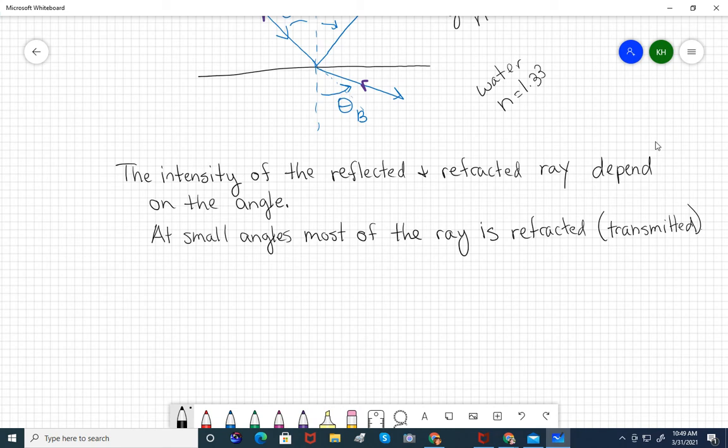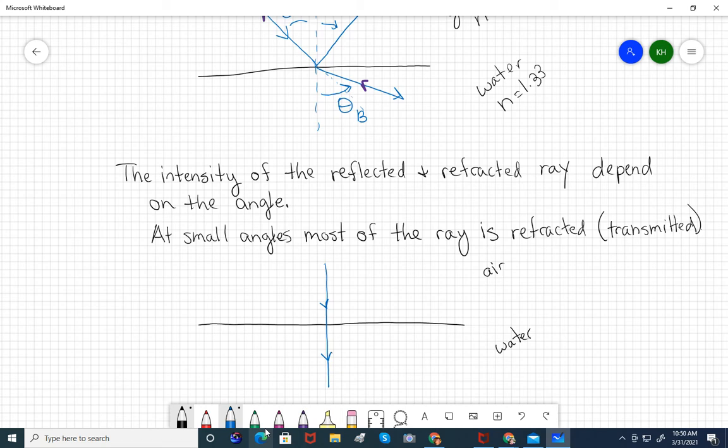Again, we can draw our surface either way, but let's think about the surface of a lake. Something smooth like this. Light that's shining almost straight down. If a light ray is coming straight at it, like this, it tends to be virtually 100% refracted.